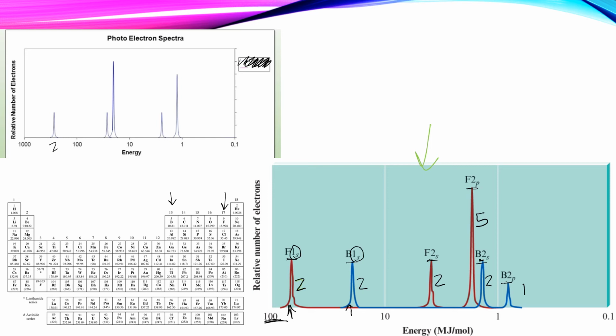So we have, here's our 1s2, 2s2, 2p6, 3s2, and I notice that, all right, if this is 6, 1, 2, 3, 4, 5, 6, then this one's 5. So then I have 3p5. If I'm talking about 3p5, I'm talking about chlorine.